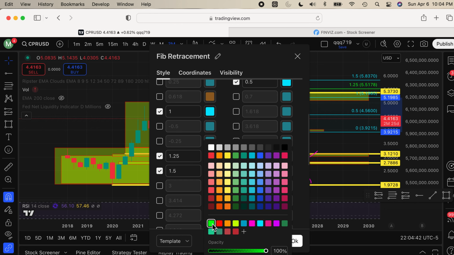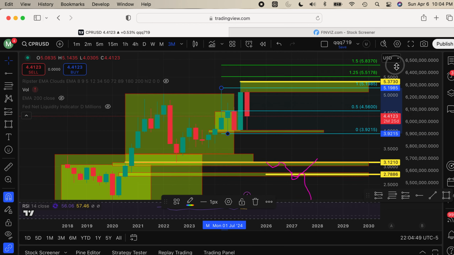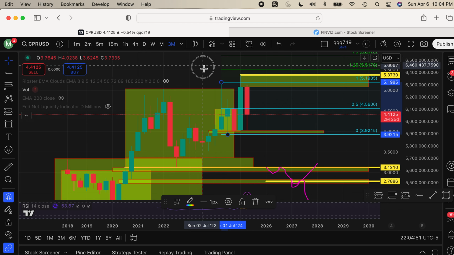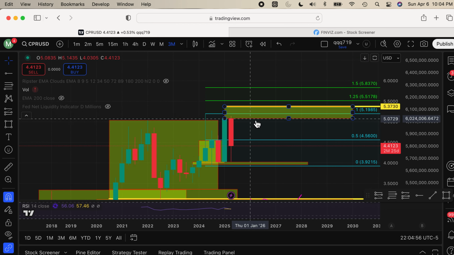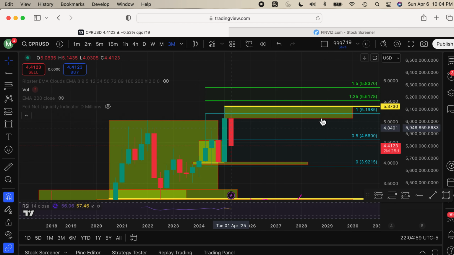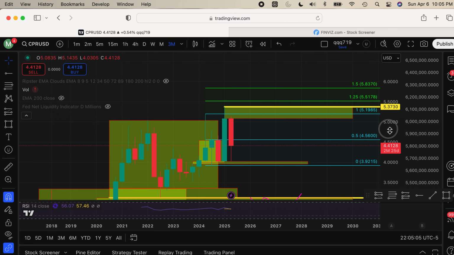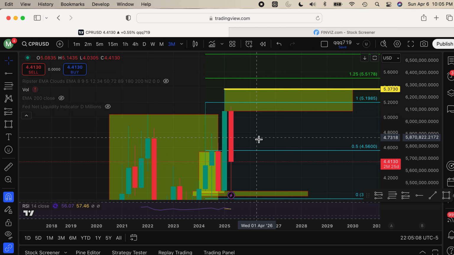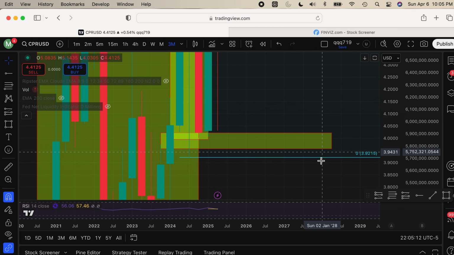Let's make those green. So this is on CPR USD. I usually use HG futures, but where would they be going from this fair value area would be 551 to 583. Those are targets, not places to short, right?